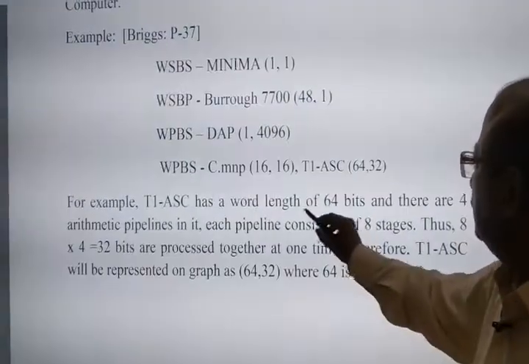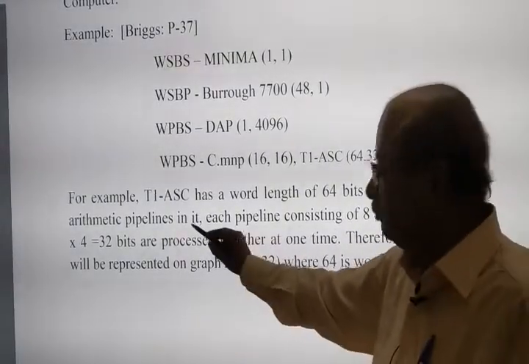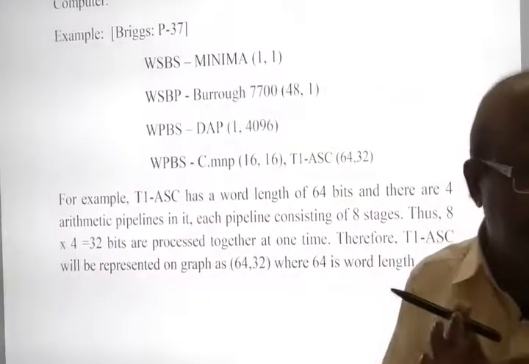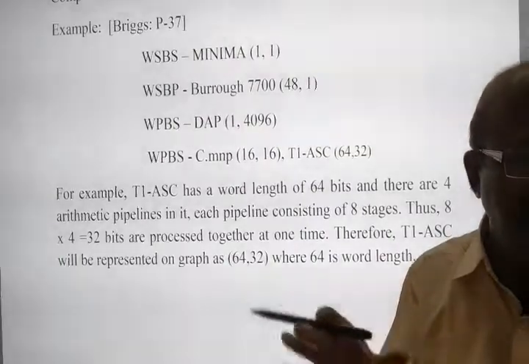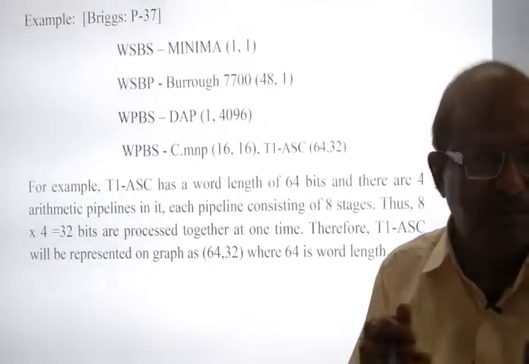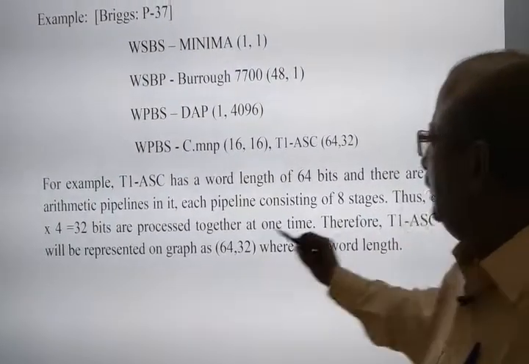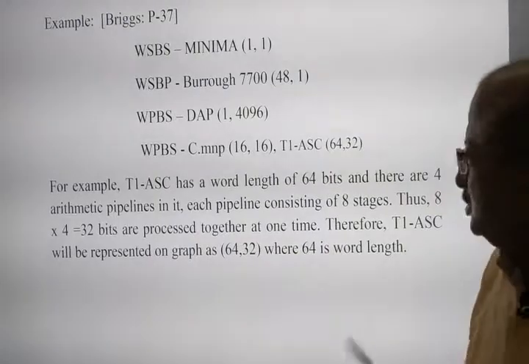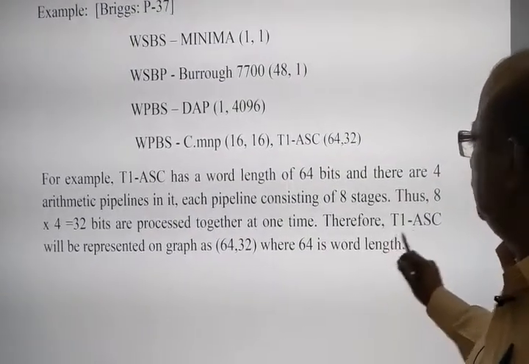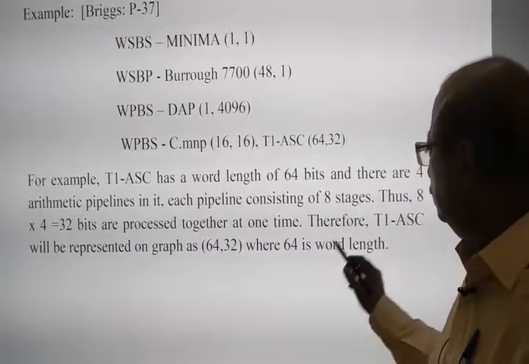That means the word length is 64, and there are 4 arithmetic pipelines, each of 8 stages. I will teach afterwards what a pipeline is, but still you can go through my lecture. Therefore, 8 into 4, 32 bits are processed at one time, and therefore T1ASC will be represented on the graph as 64 32. Okay?